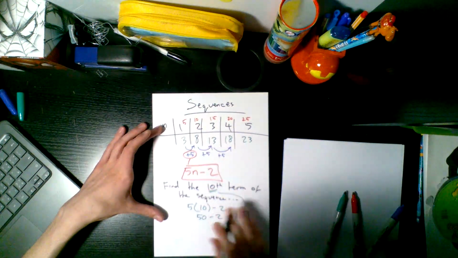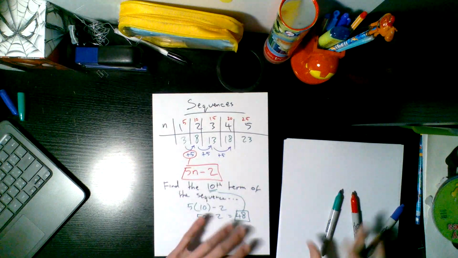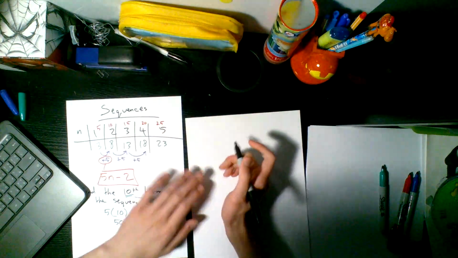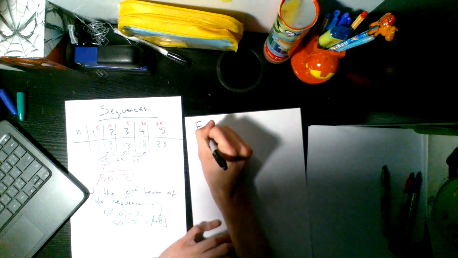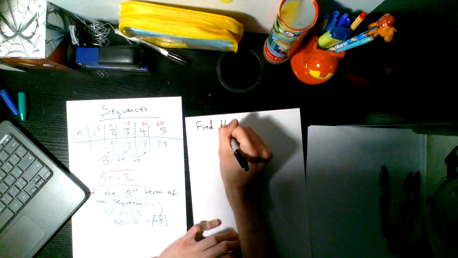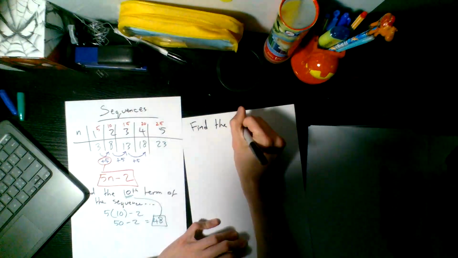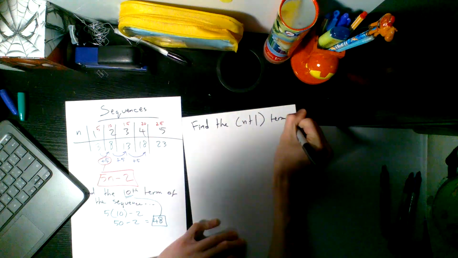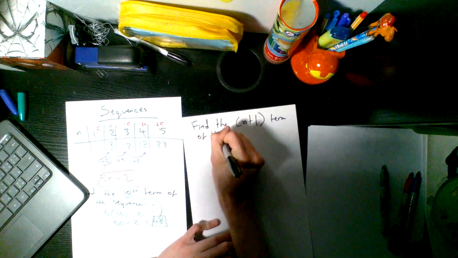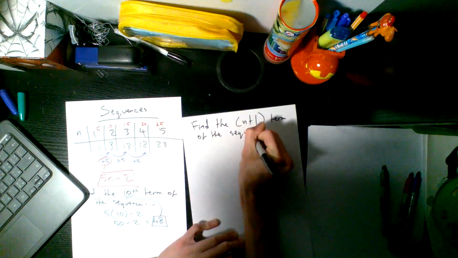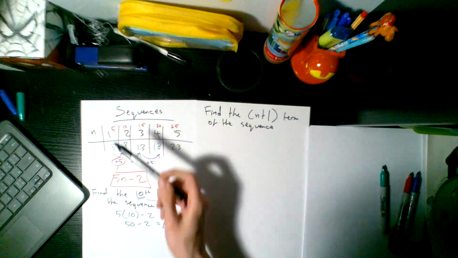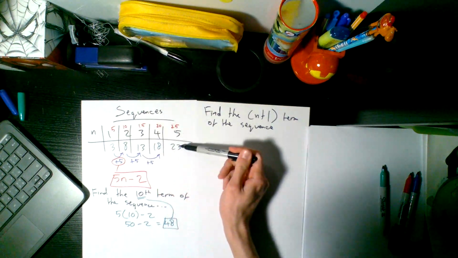Okay, then next. This is also a question I see in many past papers, and they use it a lot in exams. So find the n plus 1 term of the sequence. Okay, so we know that the nth term of the sequence is just how we get from this number to the number underneath it.